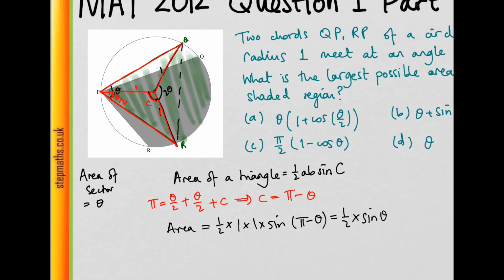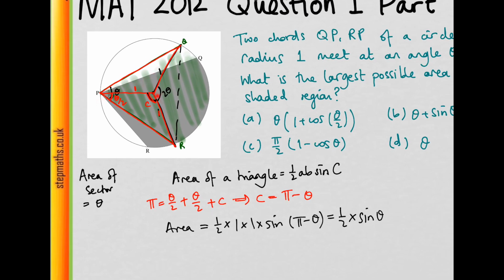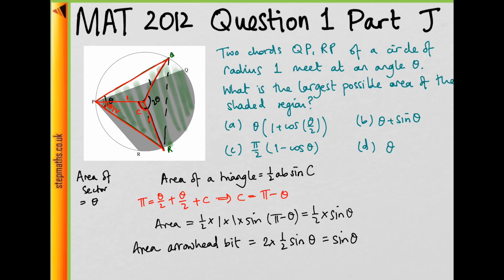And there are two of these triangles making up our shape, so we want 2 times the area of one of these triangles. So the area of this whole arrowhead bit is just sine theta.